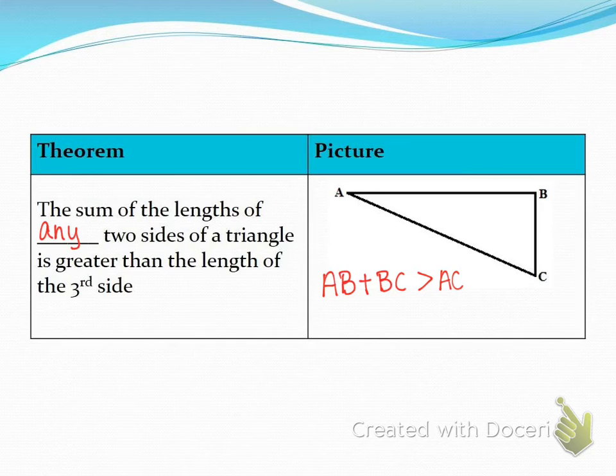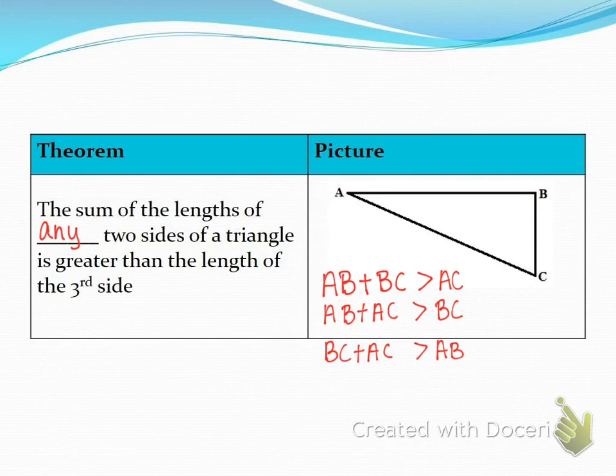Technically, we can make these statements all the way around the triangle, meaning if we add AB plus AC, that needs to be greater than BC.